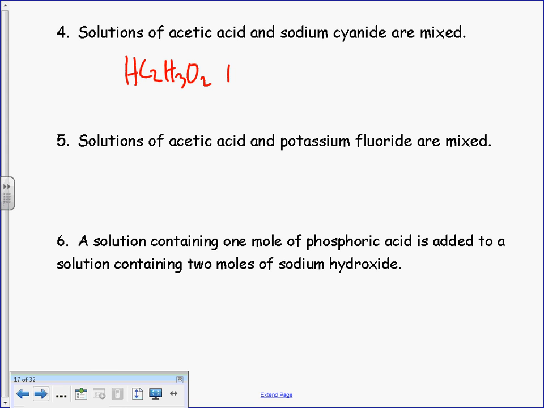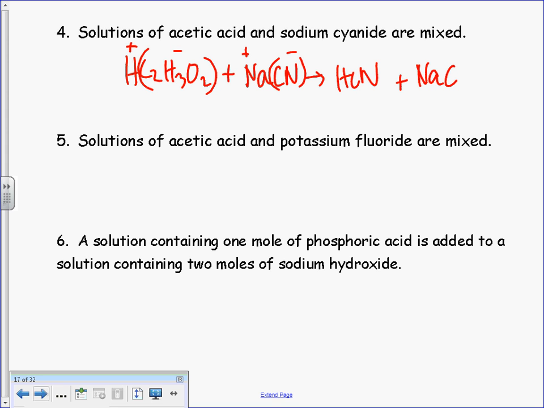So acetic acid plus HCN, because you're saying this is a plus, that's a minus, that's a plus, that's a minus. You're double replacing? Sodium acetate. Okay.